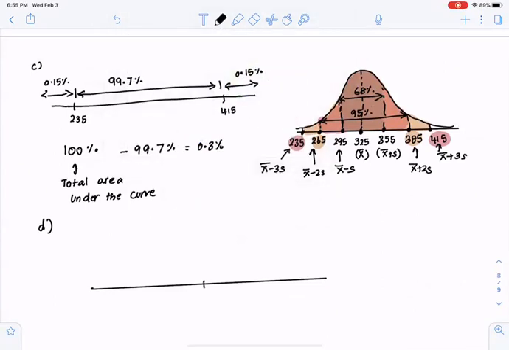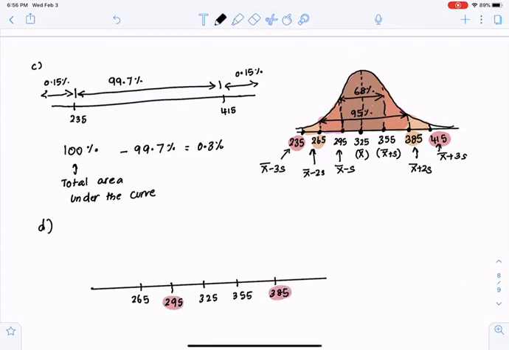The mean is at 325, and 295, 355, 385, and 265. So I'm putting all those points because I know 295 is right over there and 385 is right over there.